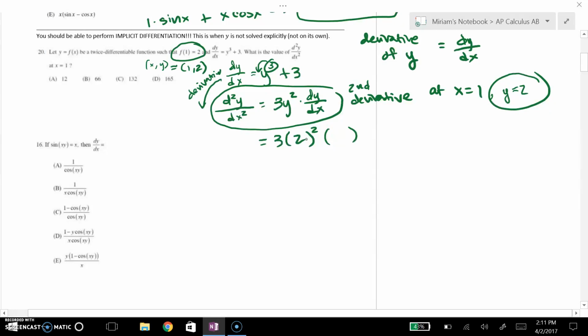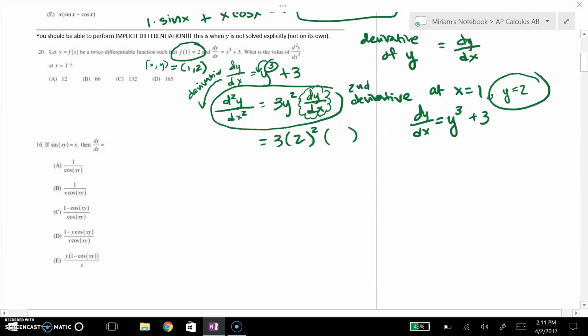For dy over dx, this is a little bit trickier because there's no number given to us to plug in for dy over dx. So I need you to take a moment, look at what we have, and figure out how we can solve what dy over dx should be. Well, we have to remember that the formula for dy over dx is y to the third plus 3.